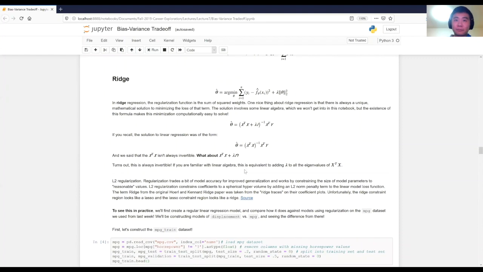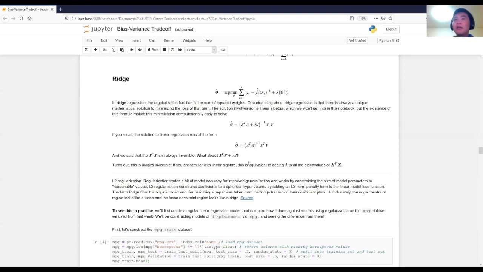And this also gives us a really nice property in that for most values of lambda, this matrix, X transpose X plus lambda I, will be invertible, which means that we will have a valid solution to our ridge regression. Whereas this is not necessarily true for standard ordinary least squares.